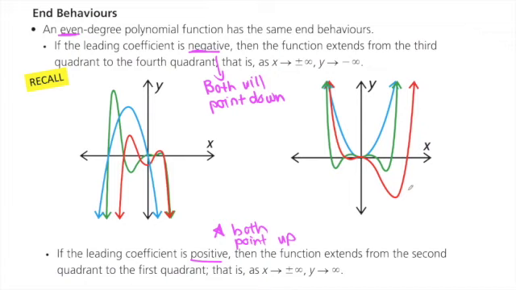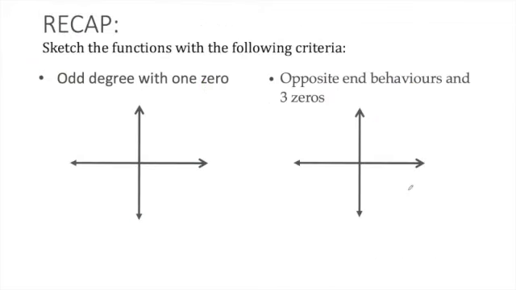Okay, some more recap. So some sketching here. I want you to sketch the functions with the following criteria. So it has to be an odd degree and 1 zero. So an odd degree, remember that you have opposite end behaviors. And I just want you to draw 1 zero, so 1 x-intercept.